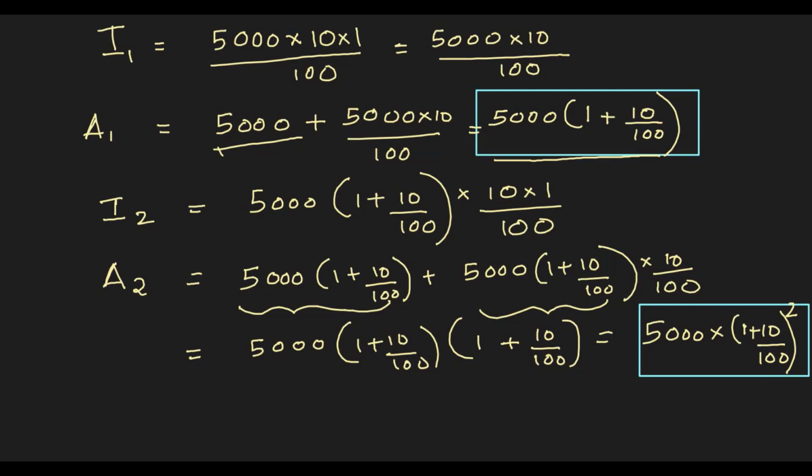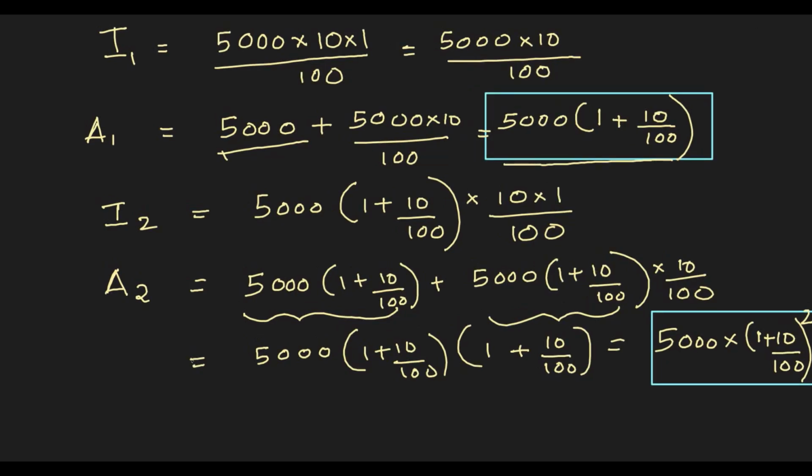If it is so, what will be the amount after 3 years? Can you guess it? Yes, the amount after 3 years will be 5,000 into 1 plus 10 by 100 whole cube.